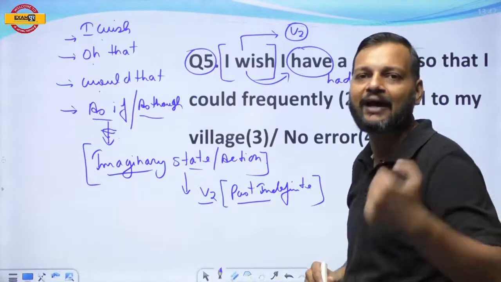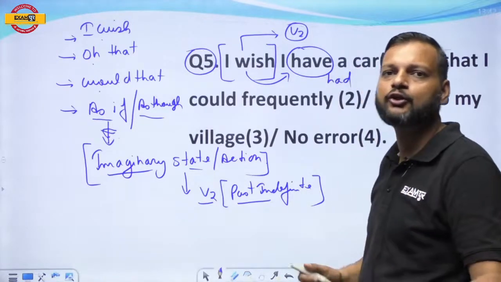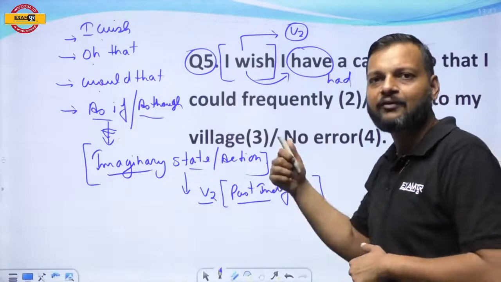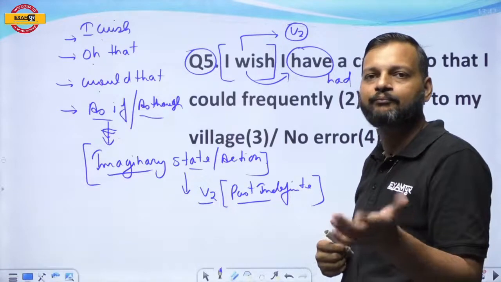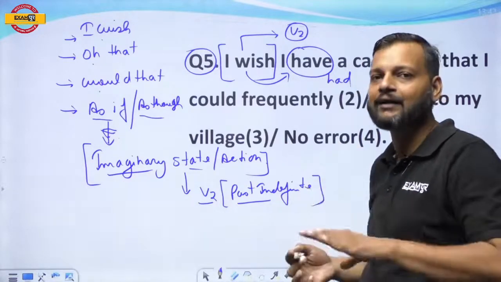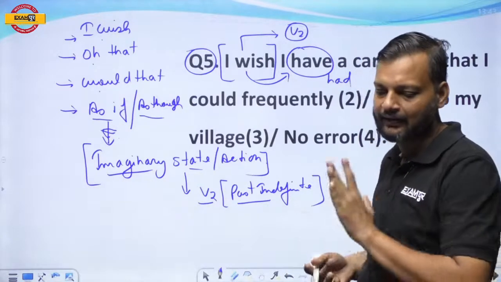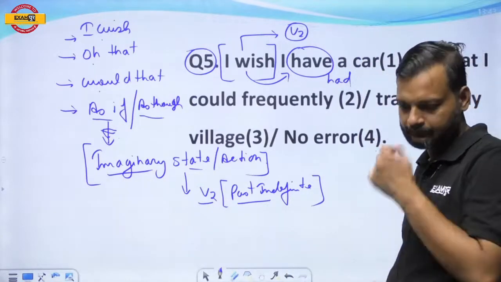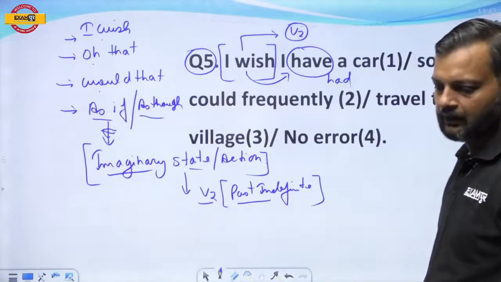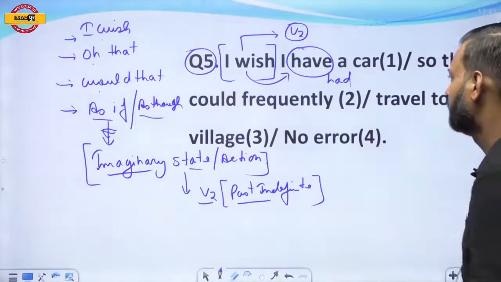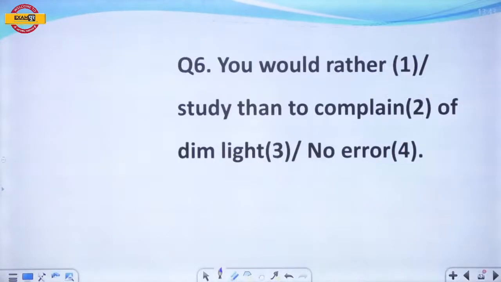So the second form of have is had. So you should not replace have by were, but by had, because the second form of have is had. Clear?